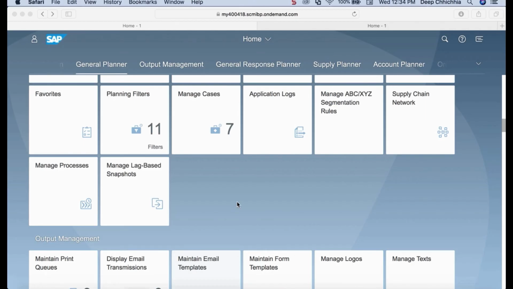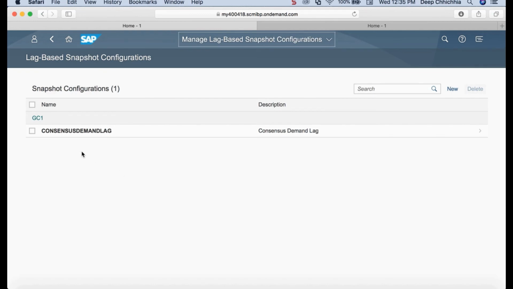The first step is to create a snapshot key figure. So you can either create a traditional change history based snapshot key figure, or with the recently introduced capability, you can go to the manage lag based snapshot application, which creates a new snapshot key figure for you. So let's go into this application. I've already created a snapshot for consensus demand lag.